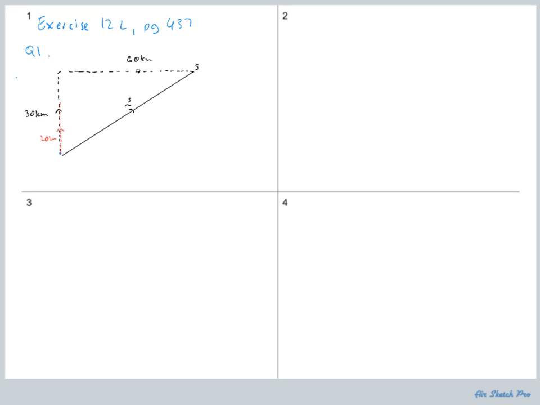So, oh gosh, I might just fudge it a bit and say it's about there or something. That looks like it's a bit too long, but I hope that's okay. 45 kilometers is the magnitude of the easterly direction there.